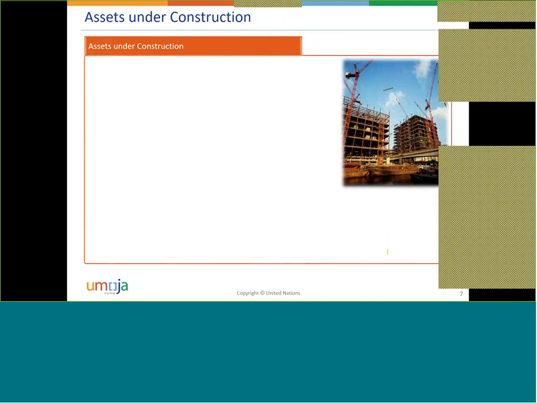So now you know that this asset under construction is part of something bigger that is a subledger called fixed assets, and it's a FI ledger. Now, most of the real estate assets are acquired through construction, they are constructed basically.